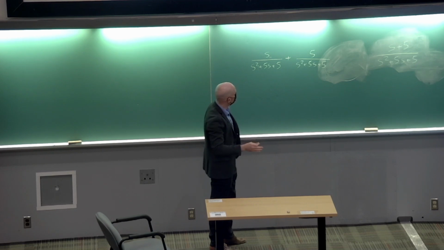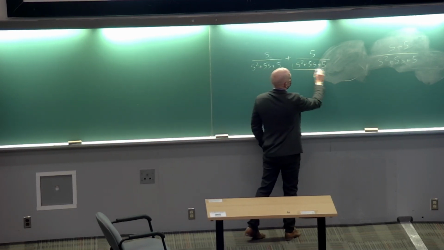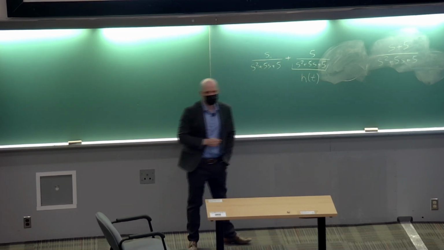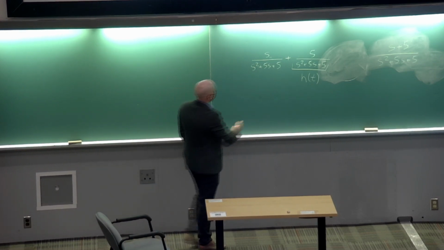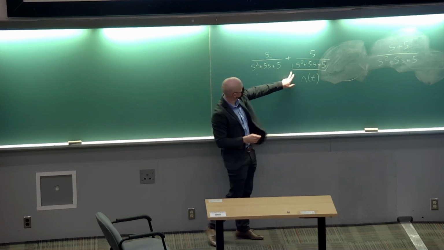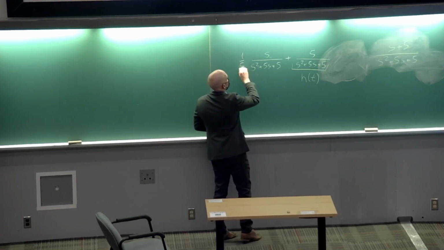So you have now 2 functions. And this is a bit different because let's assume that the inverse of this gives you h of t. And the inverse of that gives you h of t. What is the inverse of this? If this gives you h of t, let me put a number 5 here, 1 over 5 and 5.